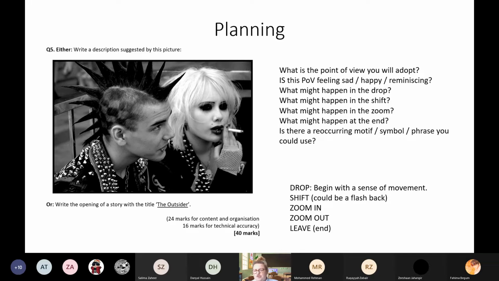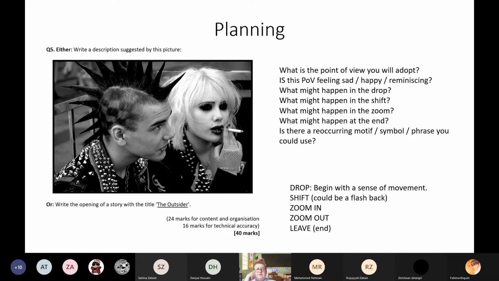So this is your structure that you're going to use, and following that structure is the most basic way to organise a text. But you may find that that only leaves you with a structure, and it could be a little bit limited for you. So instead, there are some prompts that I would also encourage you to use to help you think about your planning.